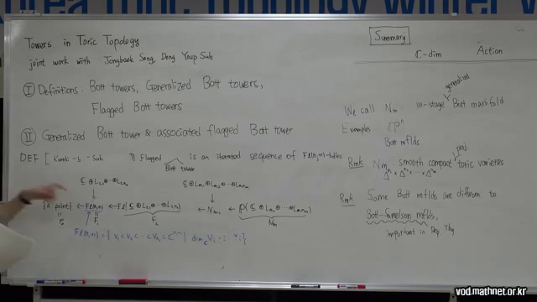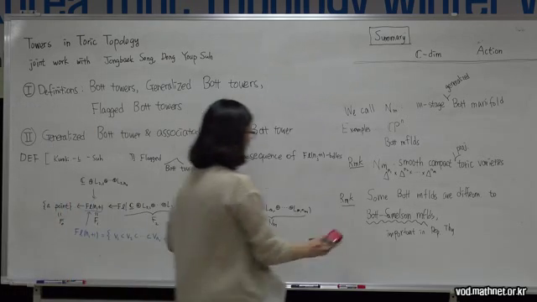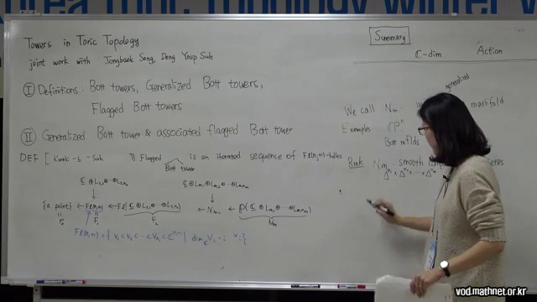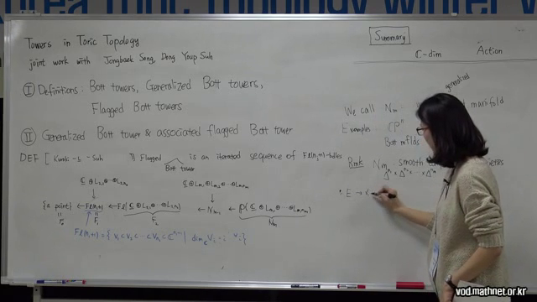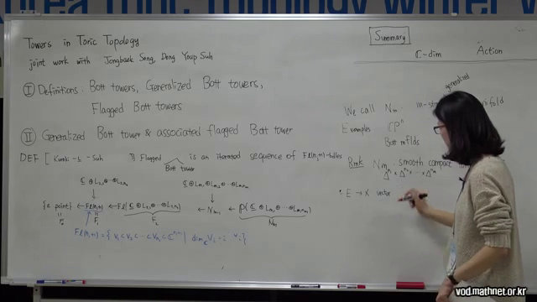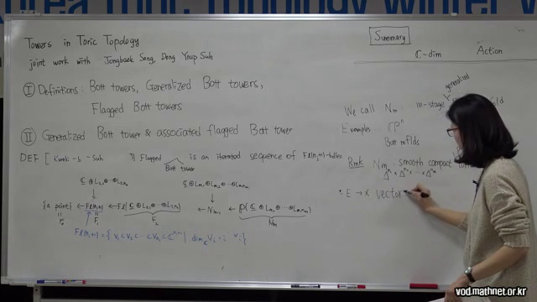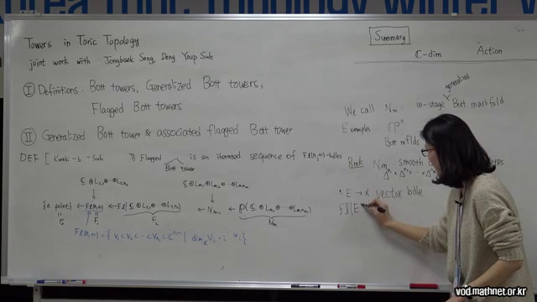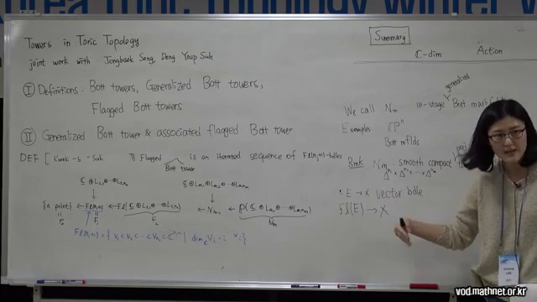And here, what is the induced flag bundle? I would like to recall the definition. It means that if we have a vector bundle E over X, then the induced flag bundle of E is the fiber bundle whose fiber is flag spaces.